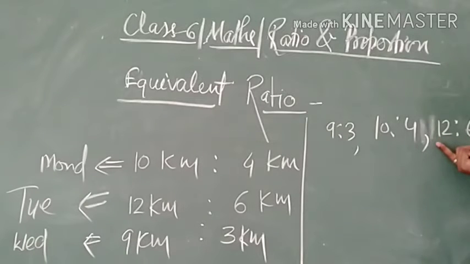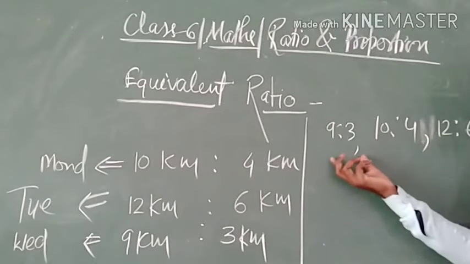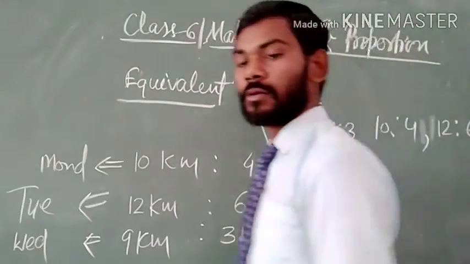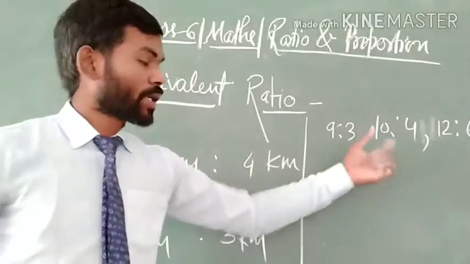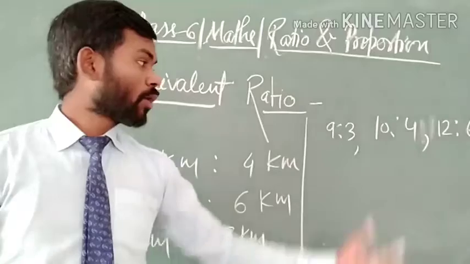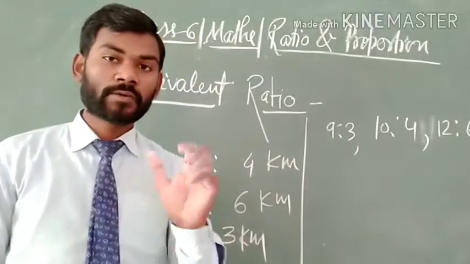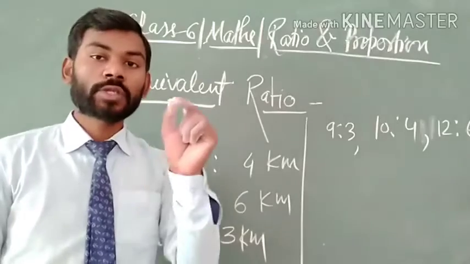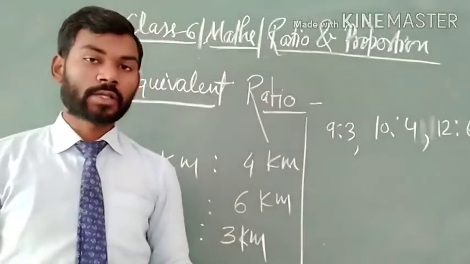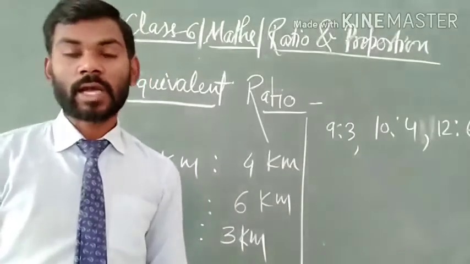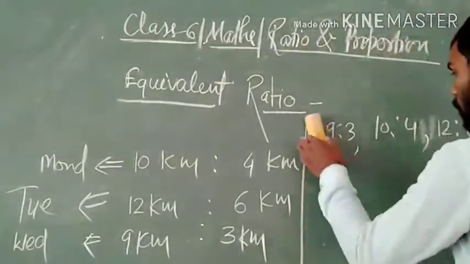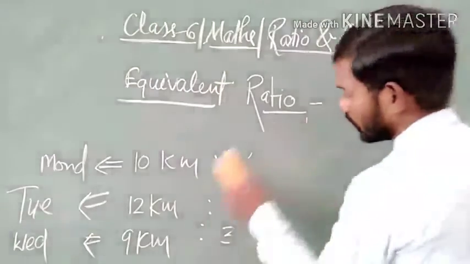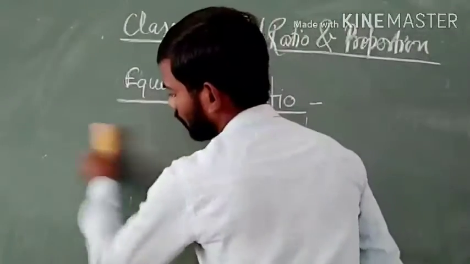Similarly, in the third ratio, 2 kilometers increased in both turns in comparison to Monday, in comparison to the first ratio. So such ratios all have a fixed value, or you can say almost equal to the first. Therefore, such ratios are called equivalent ratios. Sometimes we shall also write equivalent ratio by means of multiplication.